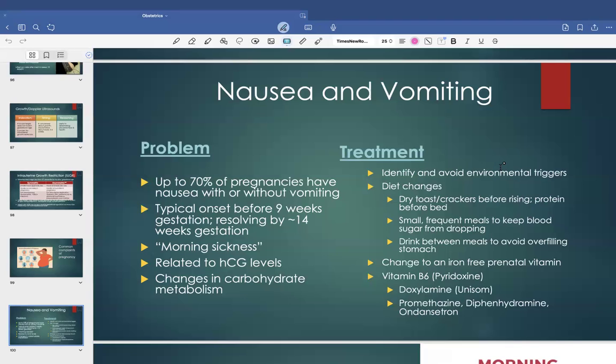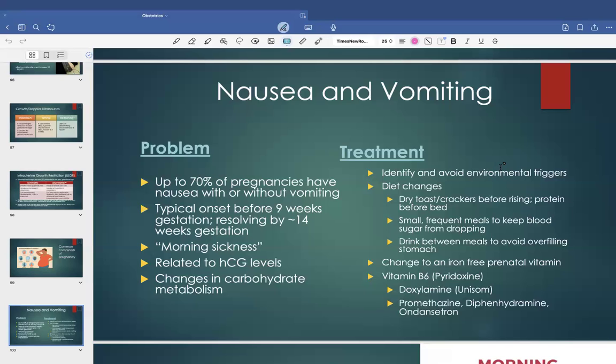For your treatment, you want to identify the triggers and try to avoid those. You might recommend diet changes. We talked about complex carbs. You might recommend dry toast and crackers before getting up, protein before bed. Small frequent meals keep the blood sugar from dropping; drink between meals to avoid overfilling the stomach.